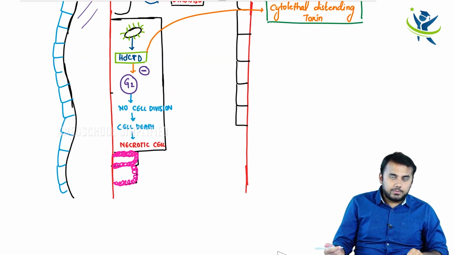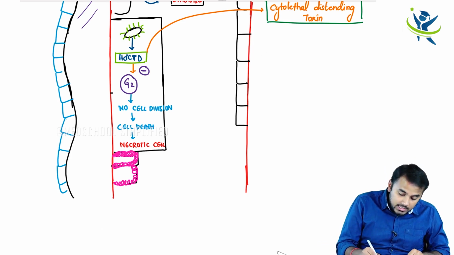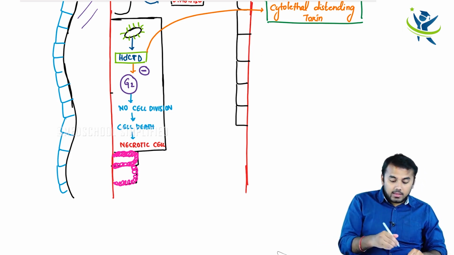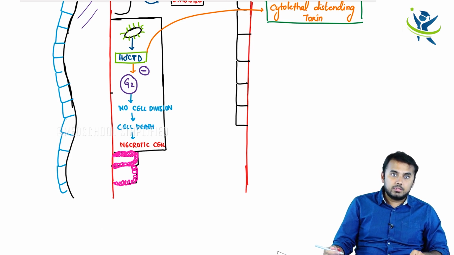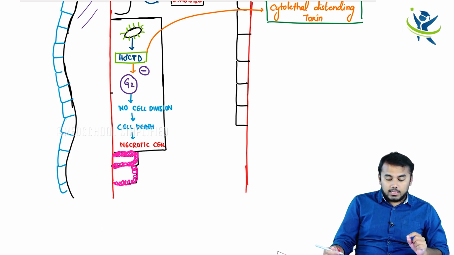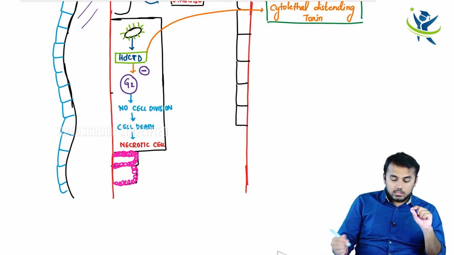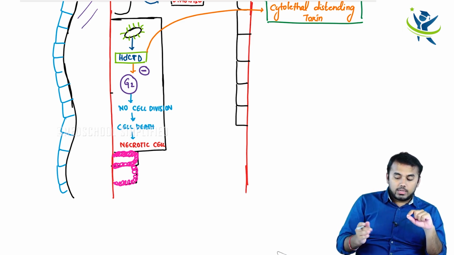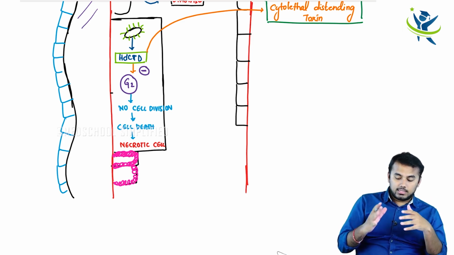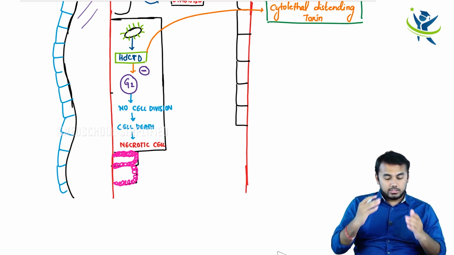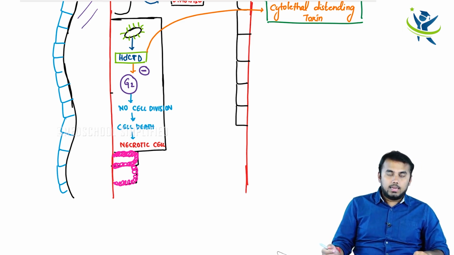So these are the cells of the penis. Now the same concept is going to apply even in the epithelial cells of the penis. Within the epithelial cells of the penis, this bacteria is going to release cytolethal distending toxin, and this toxin will cause necrotization of your complete cell.